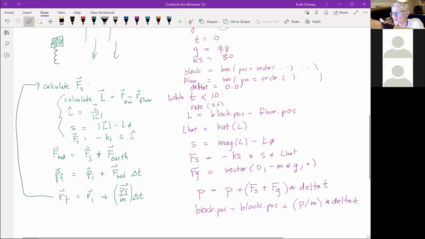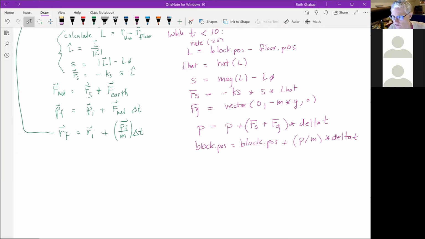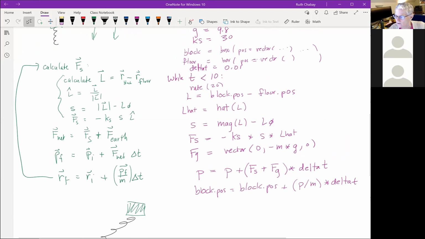And a nice feature of this is that since we've gone to all the trouble of writing a vector equation, this exact same program would work even if we stretched the spring this way and had the block there initially. Now you can imagine that the trajectory might be kind of interesting. It would not only go up and down, but it would move sideways as well.